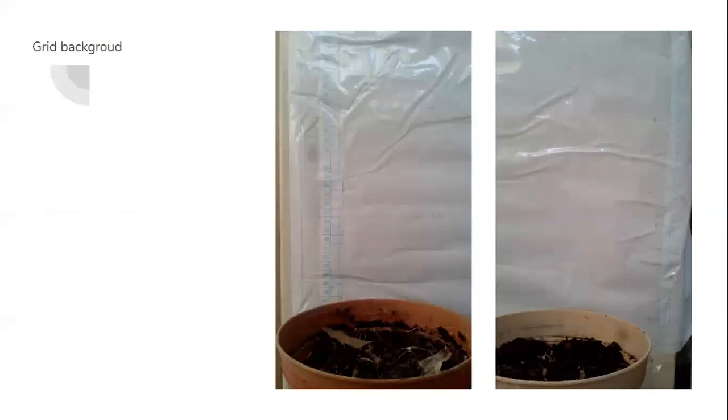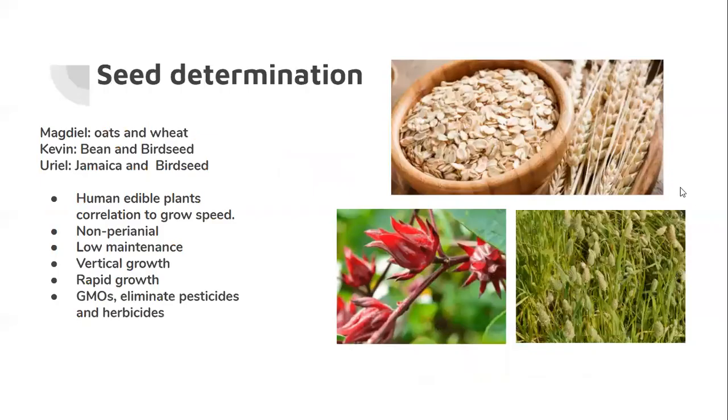This is the image of the same grid system that we will be using in the overall plant growth determination. In order to have similar growth rates, we decided that the three of us would plant different species of plants.